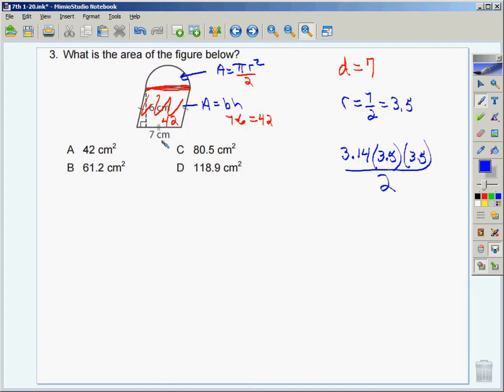What am I going to do with these two areas when I get done with them? By the way, this comes up to 19.2.